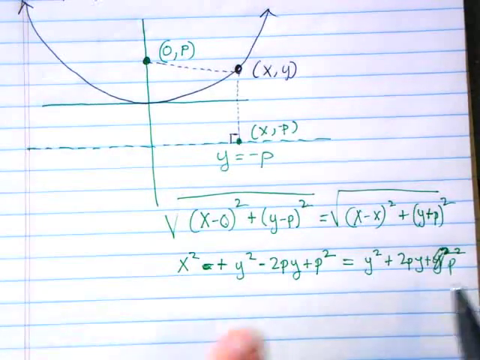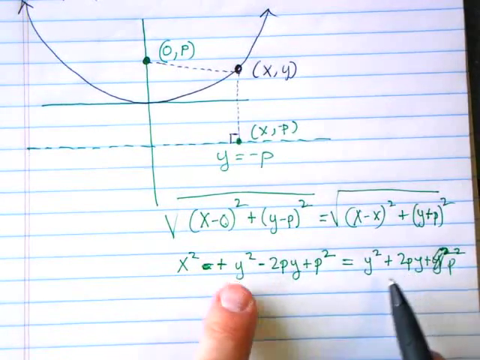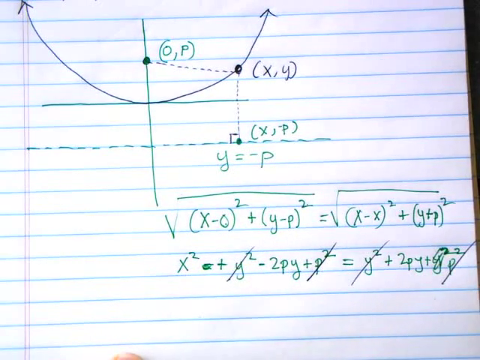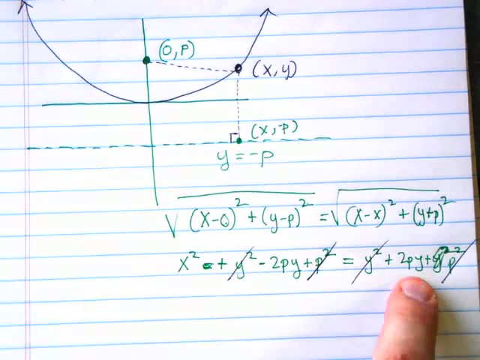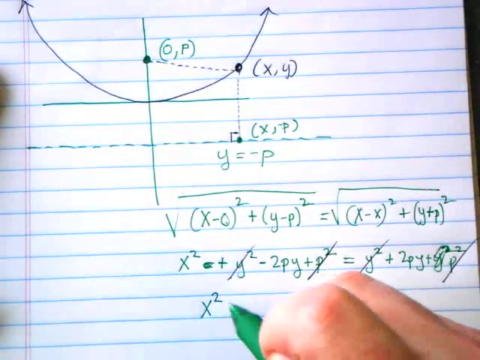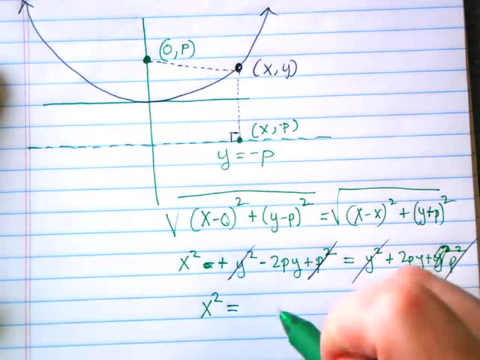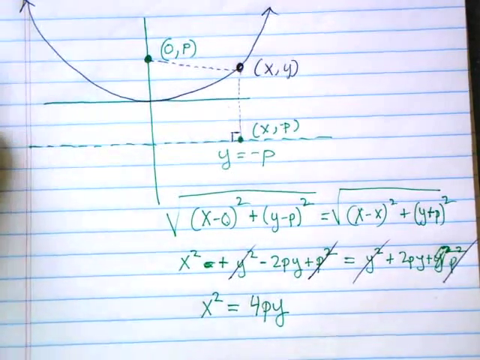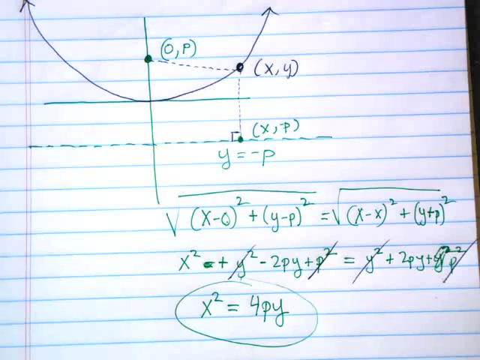I can subtract p squared on both sides, and those reduce out. I can also subtract y squared on both sides, and those cancel out. But I have to add the 2py over to the other side. So my equation becomes x squared equals 4py.